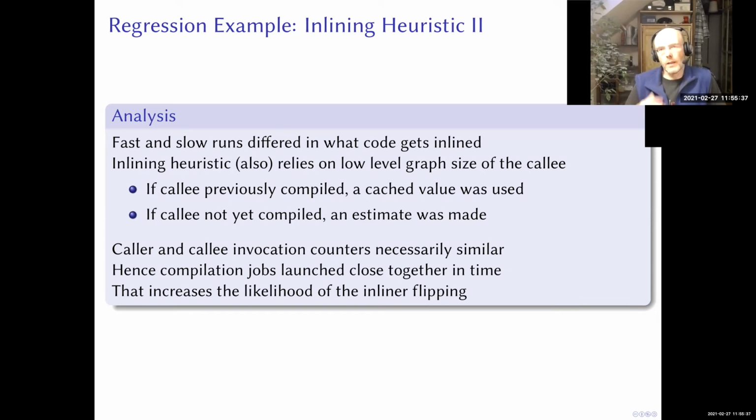And in this setup, the invocation counts on all those nested functions change together, and therefore they reach the thresholds for compilation together. So this benchmark design actually seems to increase the likelihood of firing multiple compilation jobs at the same moment, and that increases the likelihood of the inliner flipping in the way I described. So these are just some observations about the cases we saw.